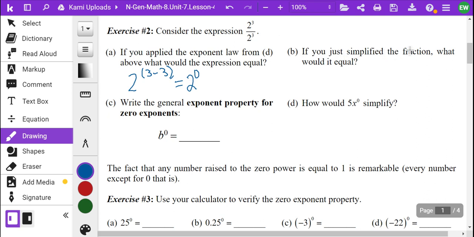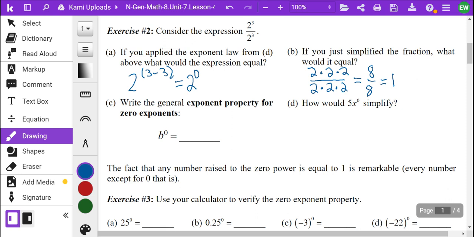So what if we just simplified the fraction? Let's go ahead and expand it out. 2 times 2 times 2 over 2 times 2 times 2. 2 times 2 is 4, times 2 is 8, over 8, and that's equal to 1.